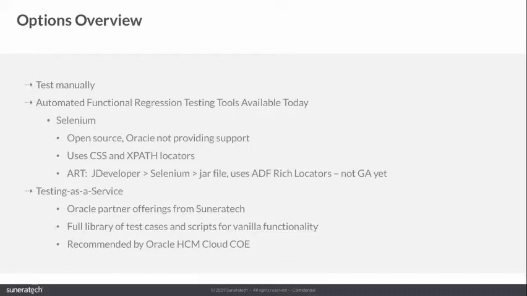It uses cascading style sheet and XPath locators. The challenge with both cascading style sheet and XPath locators is they can change frequently. In fact, when we patch, when we update, they change. Quite a few of them change.